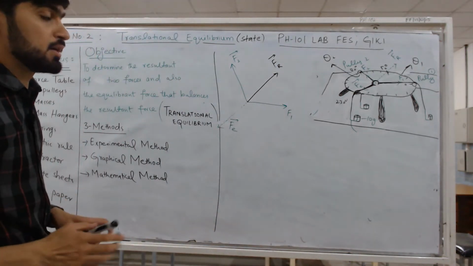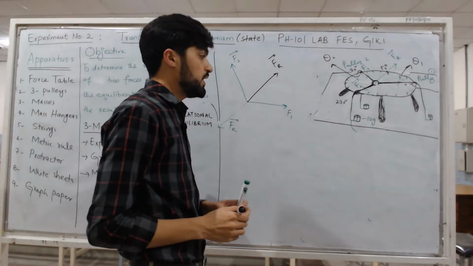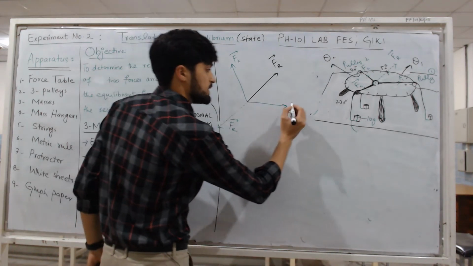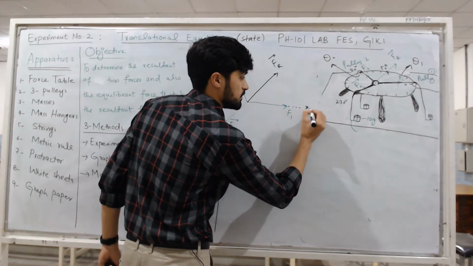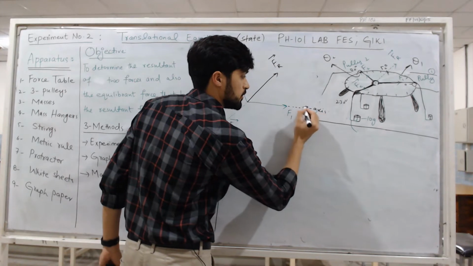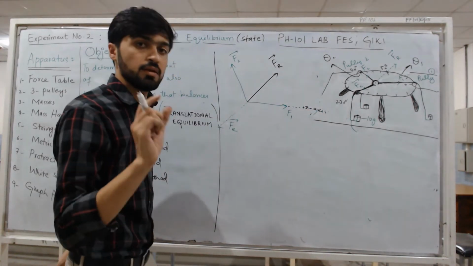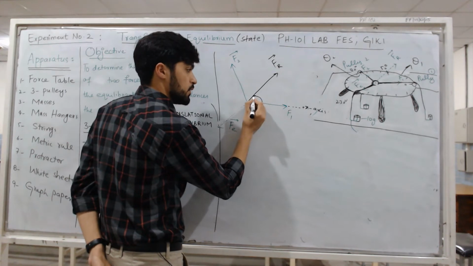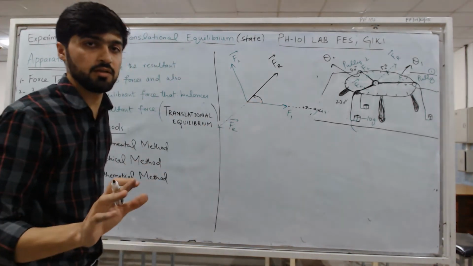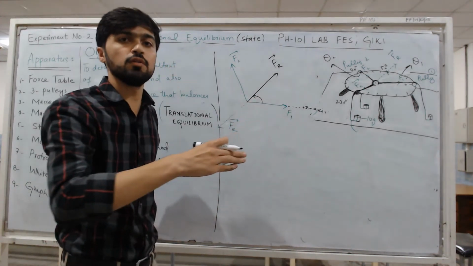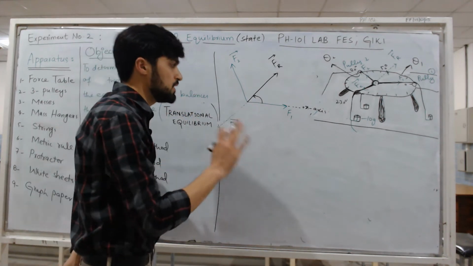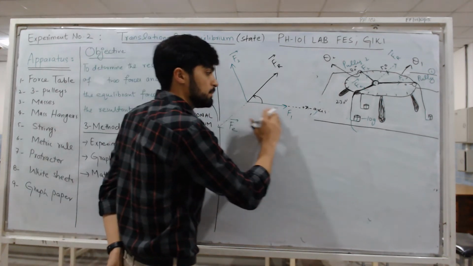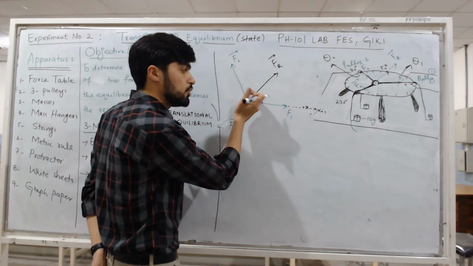Now remember, conventionally, let's say this is our positive x-axis. We take our angle in the anti-clockwise direction with the positive x-axis. Conventionally, we can take it clockwise, but that will be considered negative. So conventionally, we take angle with the positive x-axis in the anti-clockwise direction.